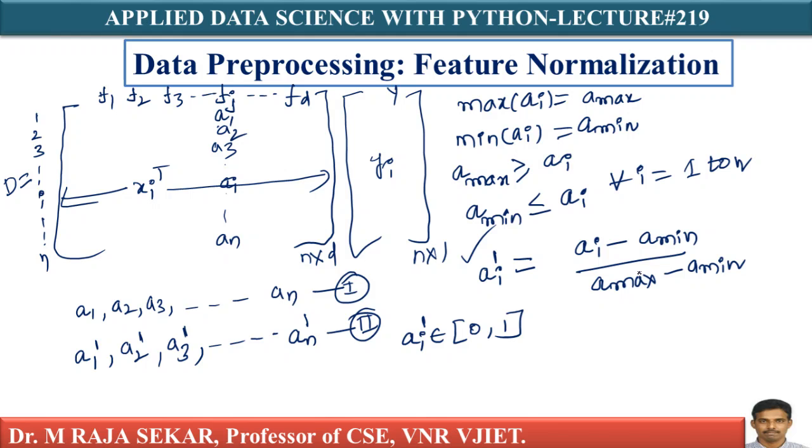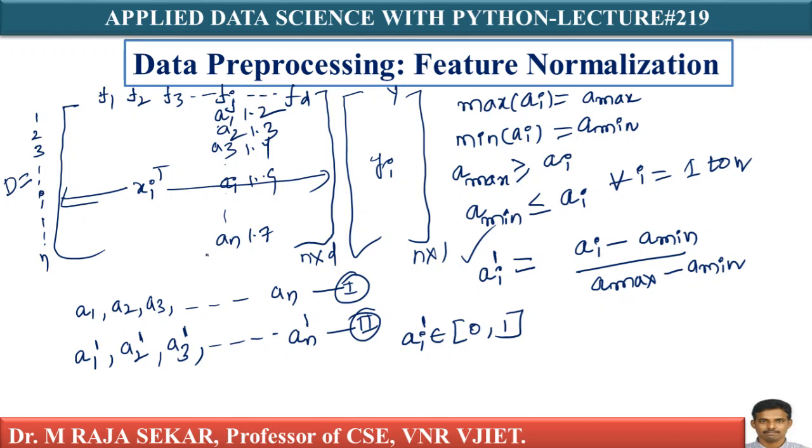By doing this transformation, these numbers A1, A2, A3, and so on up to An could be anything. This may be 1.2, this may be 1.3, this may be 1.4, this may be 1.9, this may be 1.7, whatever it may be. Any real number, it does not matter to me.